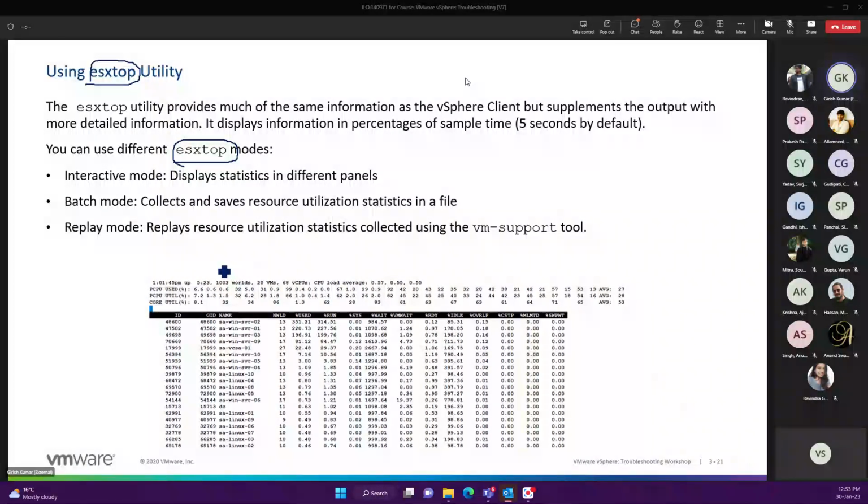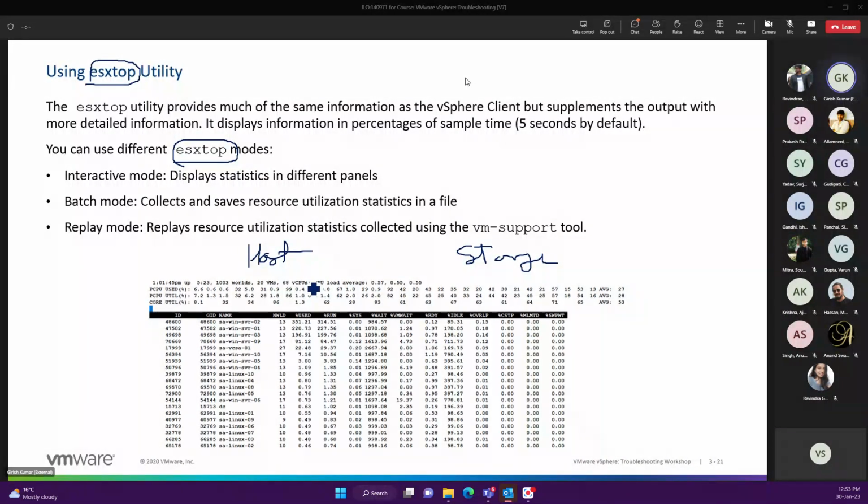This is also very helpful to identify whether the problem exists at the host end or the storage end. By using esxtop, we can easily find out.